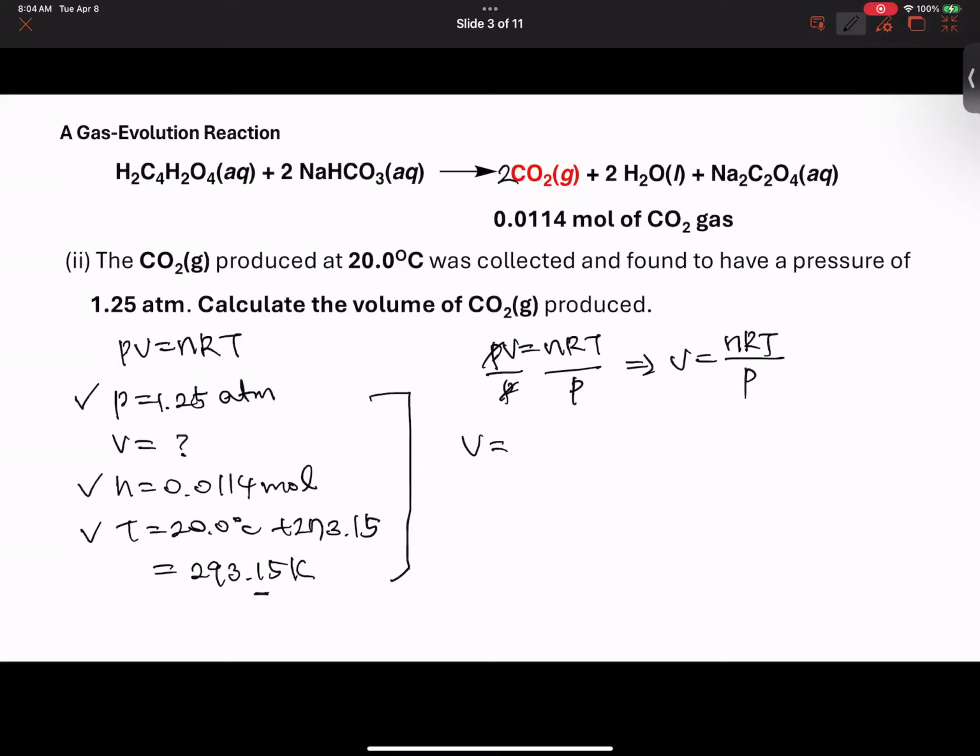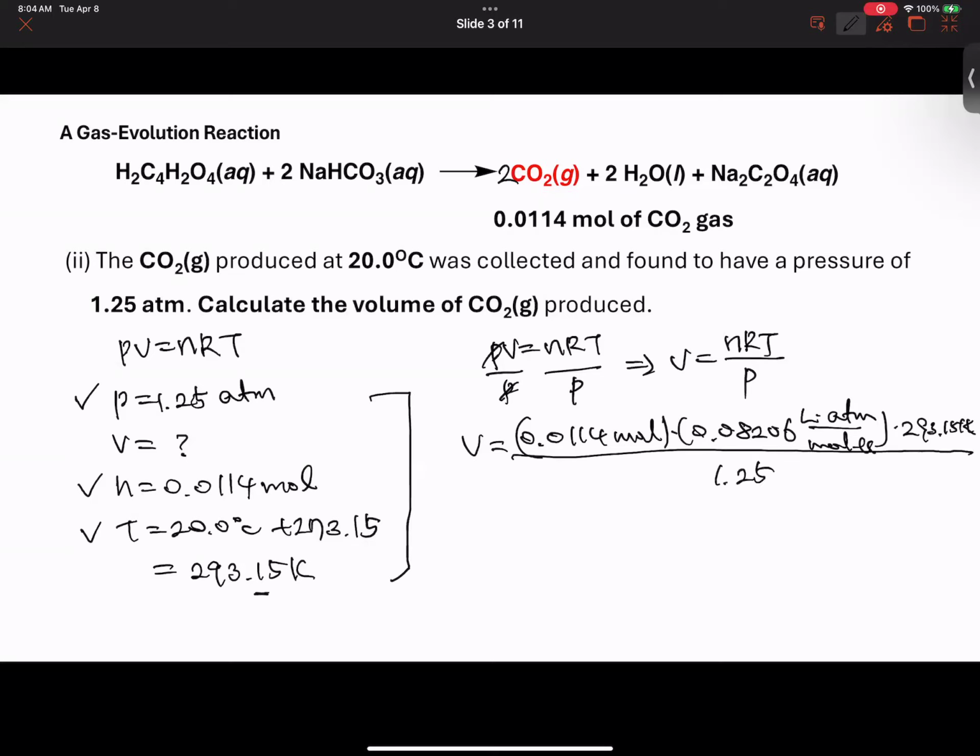V is equal to 0.0114 mole times 0.08206 liter atm per mole K, times 293.15 Kelvin divided by the pressure, 1.25 atm.